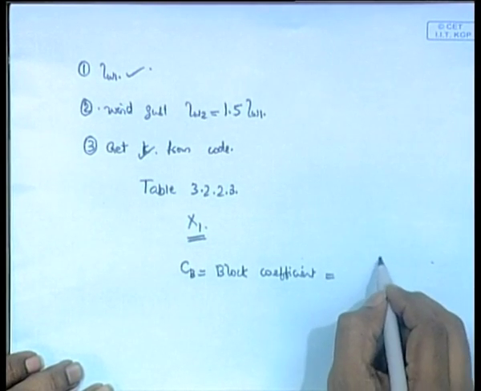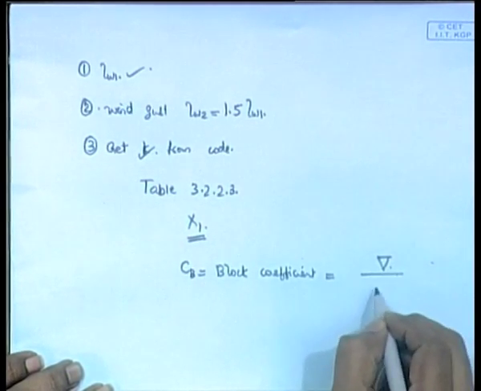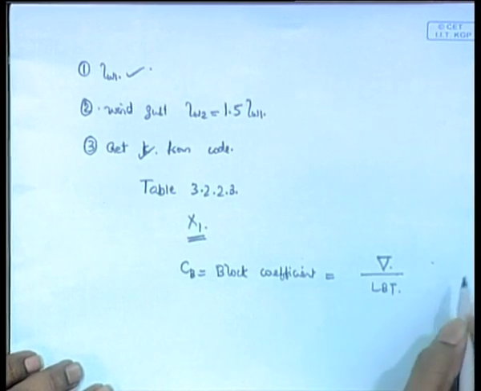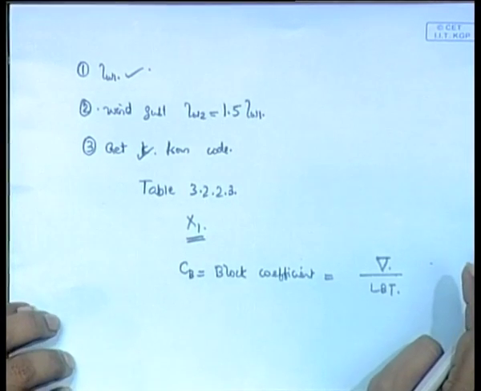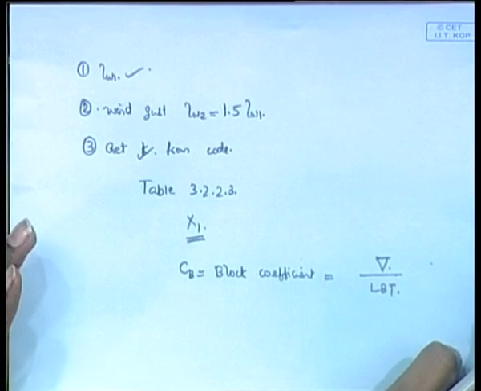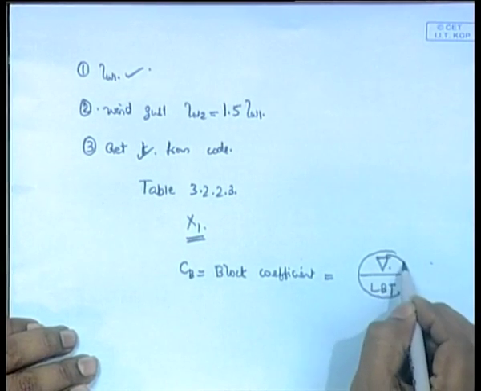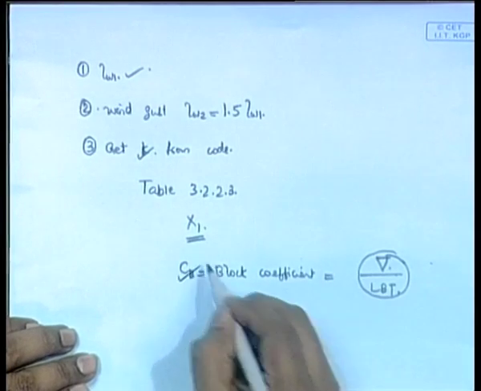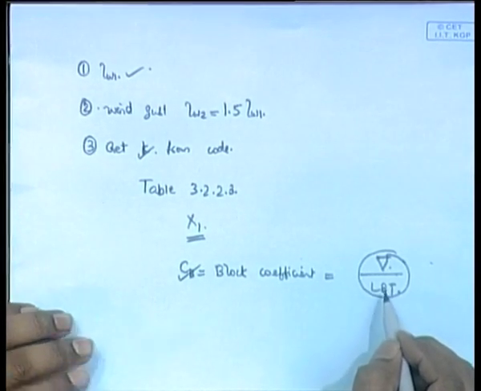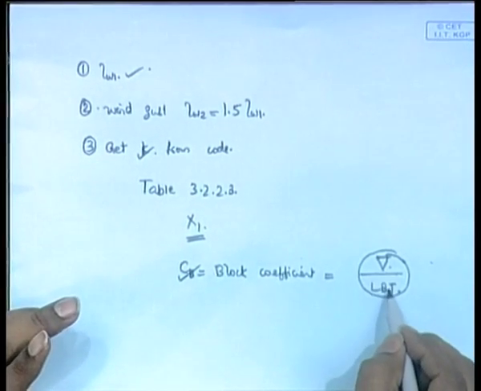You know that block coefficient is defined as del divided by LBT. Del is the underwater volume of the ship, L is the length, B is the breadth, and T is the draft. So, you will have to calculate del, and you will have to calculate CB. For this ship, all these parameters are given.